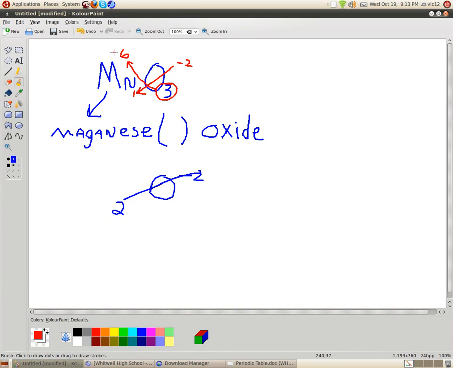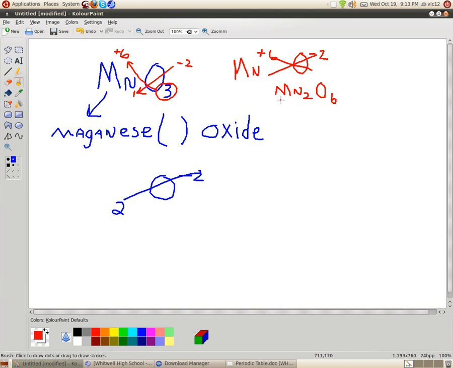Well, if you're not sure, what you can do is try to write down the one that you think it is, Mn, and we think it's supposed to be +6. And we know that oxygen is always -2. Just bring these down the way that you think they should be. And when you write it down, you get Mn with a 2, then you get your O, and then you get your 6.